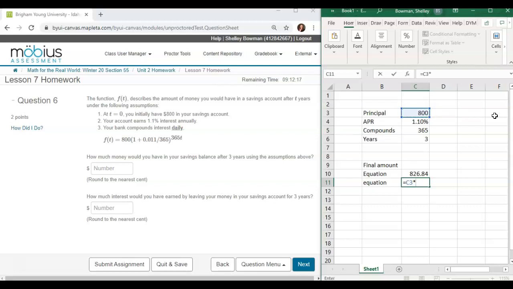Then open parenthesis, I do need to type in the 1 here, and then I'm going to add my percent or APR divided by 365, close parenthesis, raised to the, again, open parenthesis, so that all of that's in the exponent, reference the 365, and times by the years, and close the parenthesis. Now, all I'm doing is cell referencing these numbers here, and it's the same calculation, which makes sense.